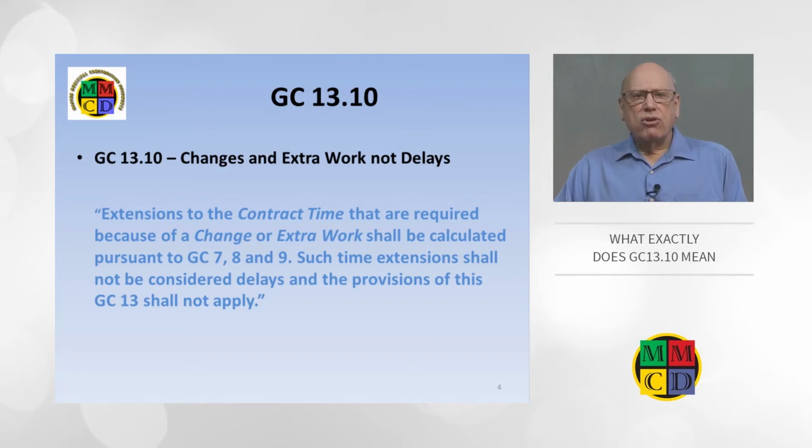GC 13 is entirely related to delays, the implications of who causes them, the requirements for acceleration or stoppage, the obligations of both parties, etc., etc. So why would we say that authorized job extensions requiring change orders would be exempt from delay provisions?